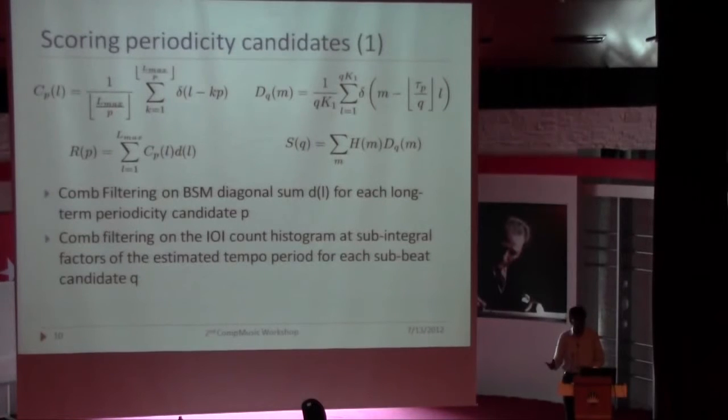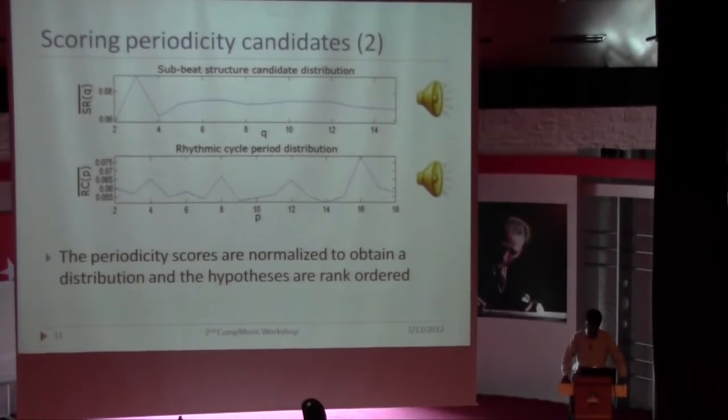Here I have a particular periodicity candidate hypothesis tested over different periodicities, where P is the long-term cycle periodicity we are looking at, whereas Q is the subbeat structure we are looking at.